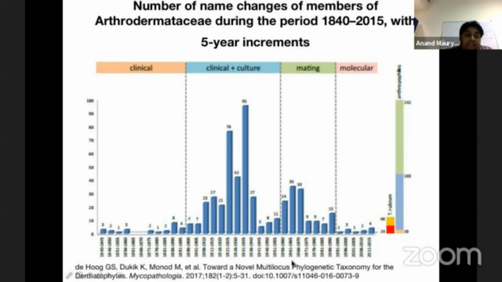A large number of new names were created when morphology was added to clinical data as the criteria for speciation, and the period between 1960 and 1995 marks the addition of the teleomorphic names, leading to the dual nomenclature of the dermatophytes.